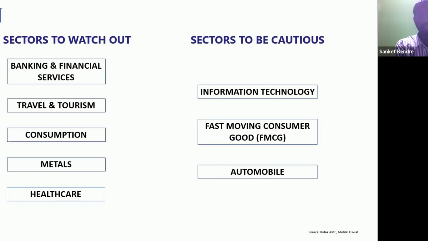The next sector we believe to watch out for is travel and tourism, especially the hospitality sector. Companies such as InterGlobe Aviation, Indian Hotels, and BLS International, which provides visa services, should benefit from the boost in the travel and tourism industry.